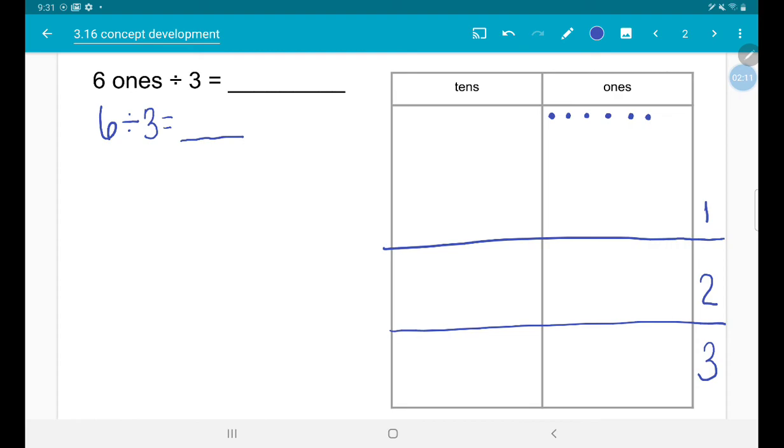All right, so just like we've always done, we're going to give 1 to each group until I can't give any more and make it even. I'm giving 1 to each group.